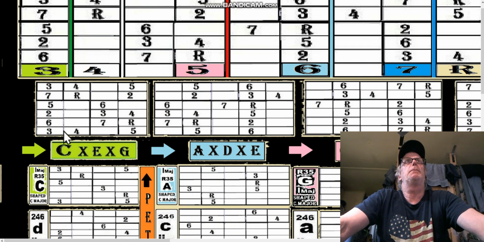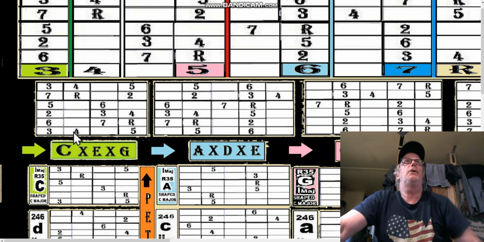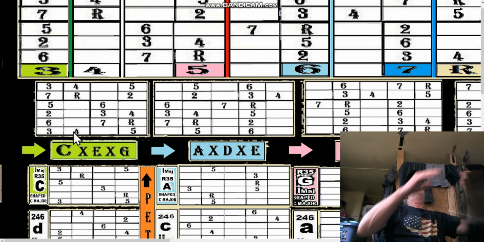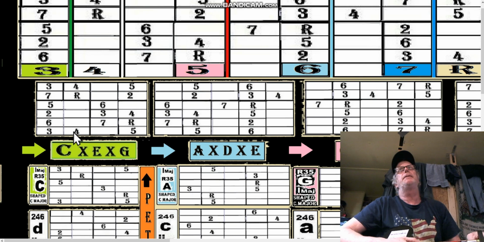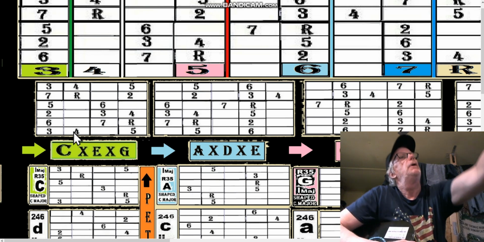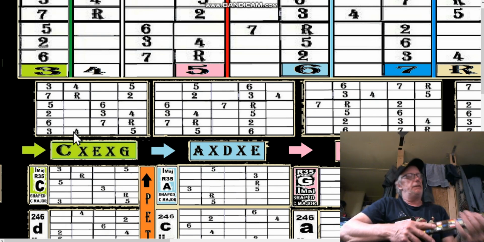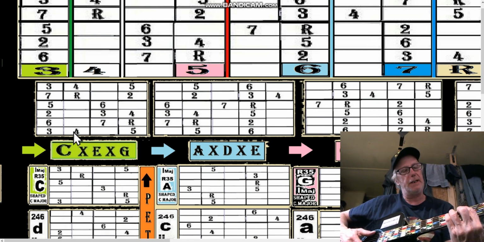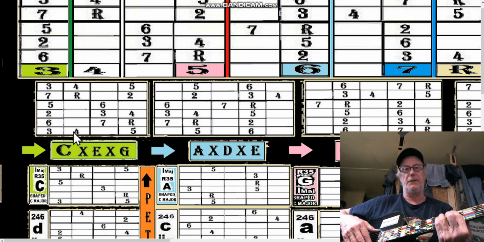Then the 5th, we go back to the G shape using the square of the cage like this. Remember, we do use the whole cage with the 4th, but you can't do that from the fret nut. You can't do it from the open position. Well, yes you can, because it's F. Sorry, you can do it.